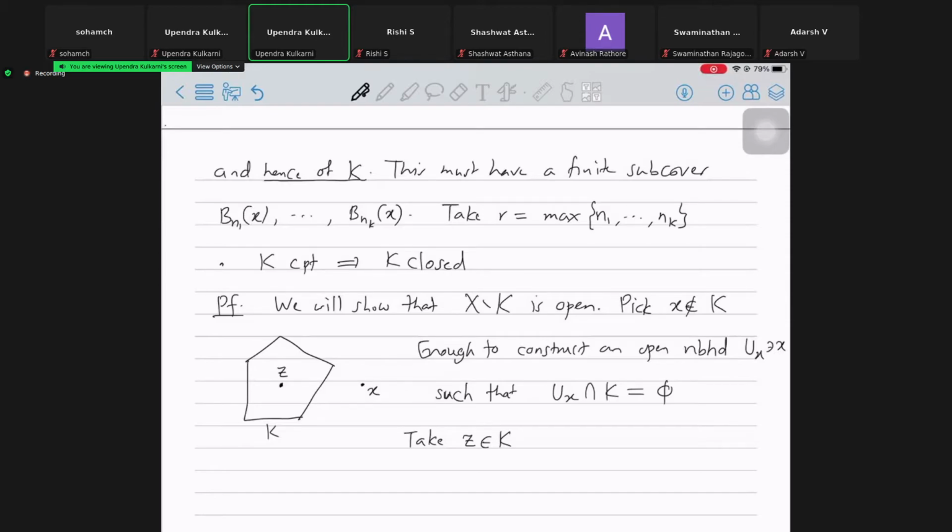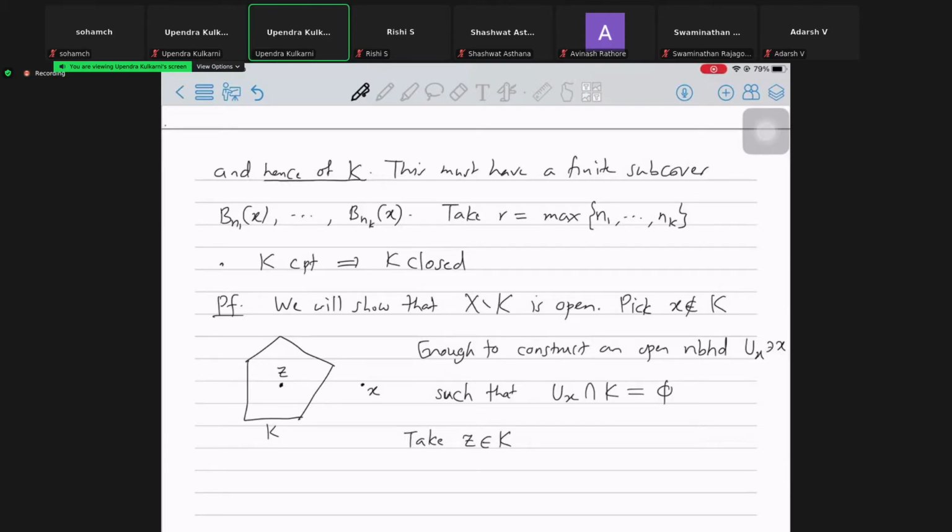But I want to avoid every single Z. That means I have to take half of each one of these distances between the fixed X and the varying Z. And somehow I want to say there should be a minimum distance, correct? All of these R's, there must be a positive minimum that I can take. But that positivity is not clear, no?